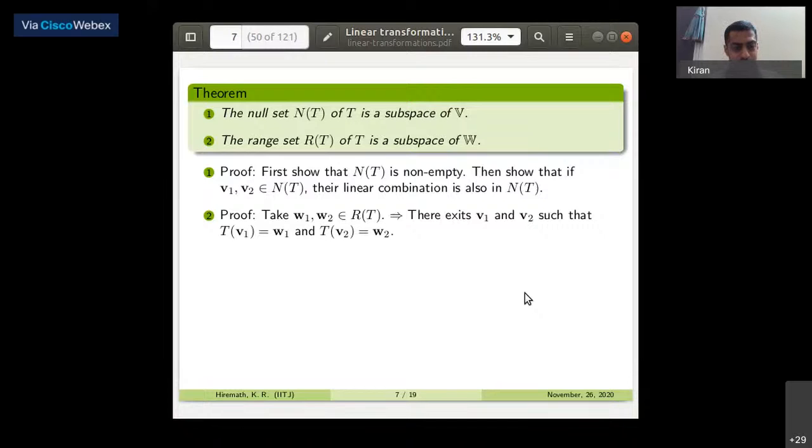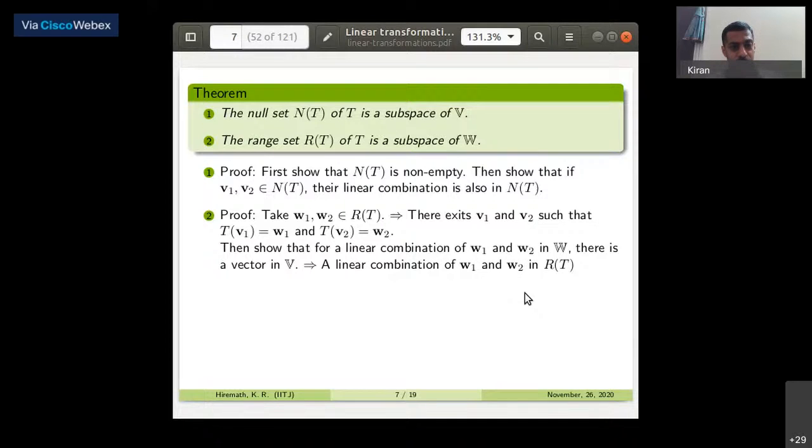Then if I take a linear combination of W1 and W2 in W, the question is, is there a vector in the domain whose image is this linear combination?